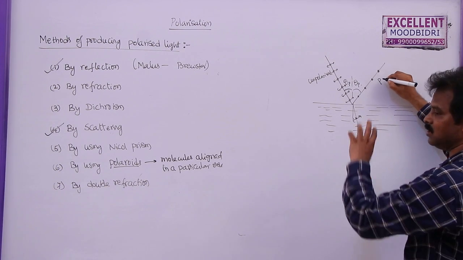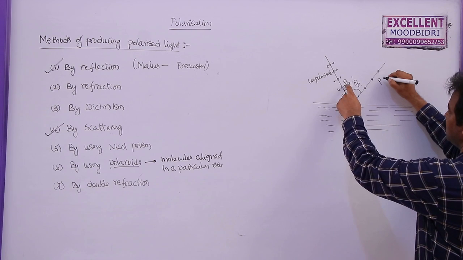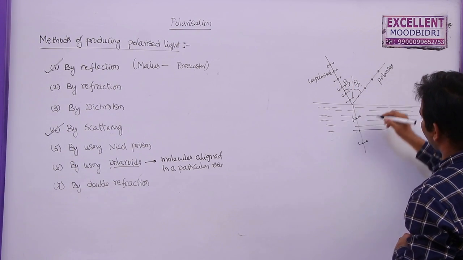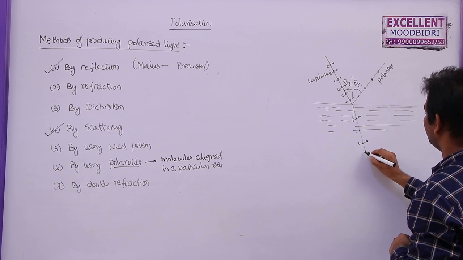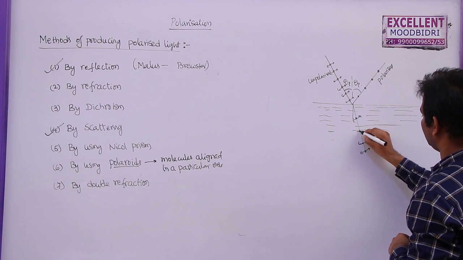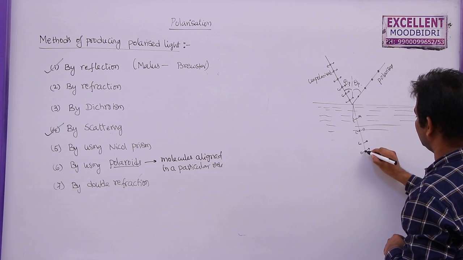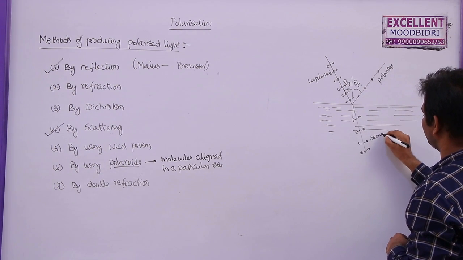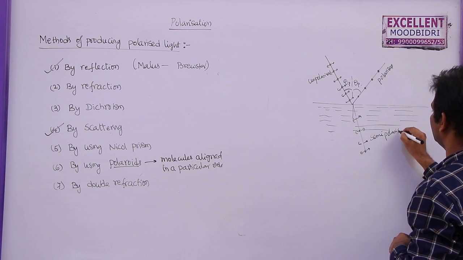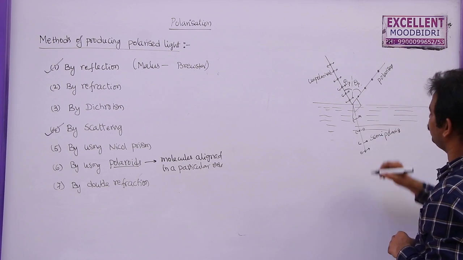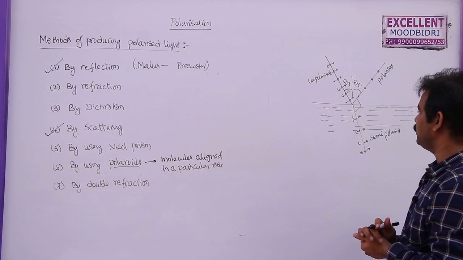Previously it was semi-polarized light, but at this particular angle it is called polarized light, whereas the refracted light consists of all arrow components with some dot components here. That means this is a semi-polarized light. And it is also found that in this condition the reflected and refracted light rays are mutually perpendicular to each other.